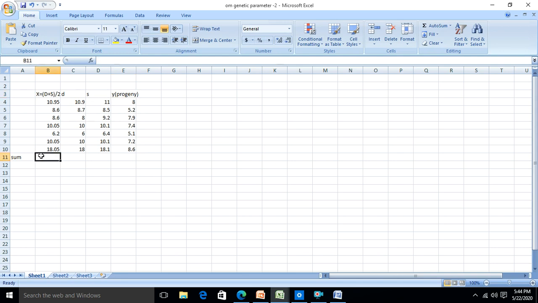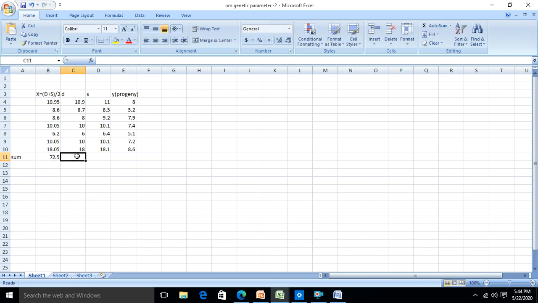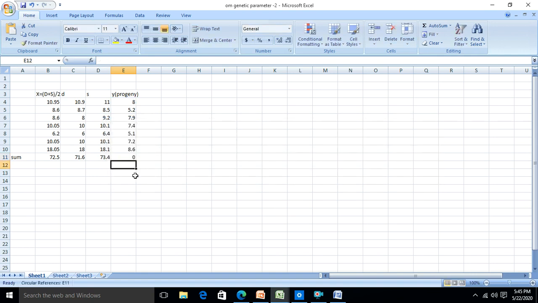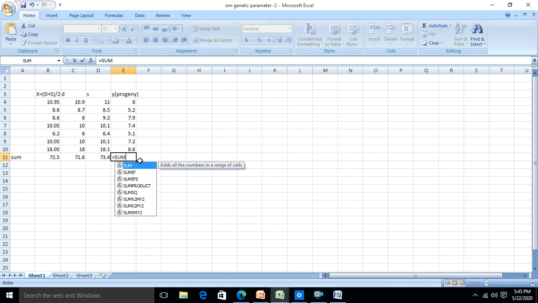Now to calculate the sum, equal to SUM. Hope it takes it.